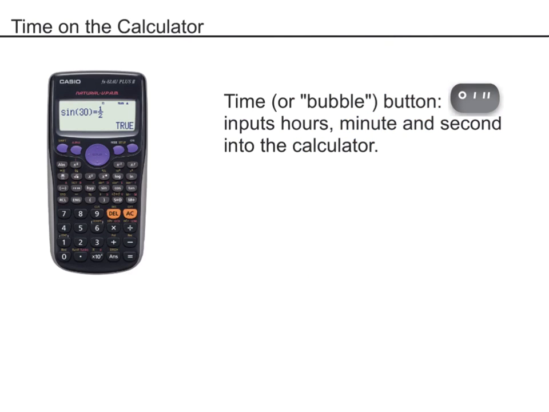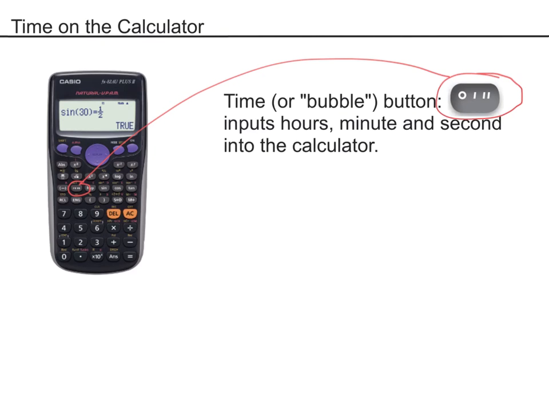Your calculator actually has the functionality to input time into it. It has a time button, which sometimes is called a bubble button just because of the display that's shown on it, and it looks like this. It has a degree and then a dash and another 2 dashes displayed on it, and it's located here on your calculator.